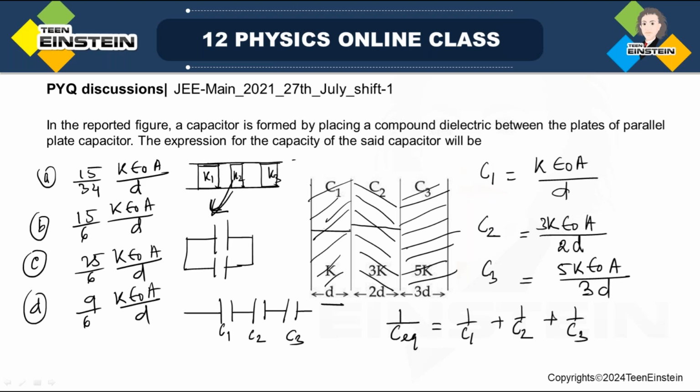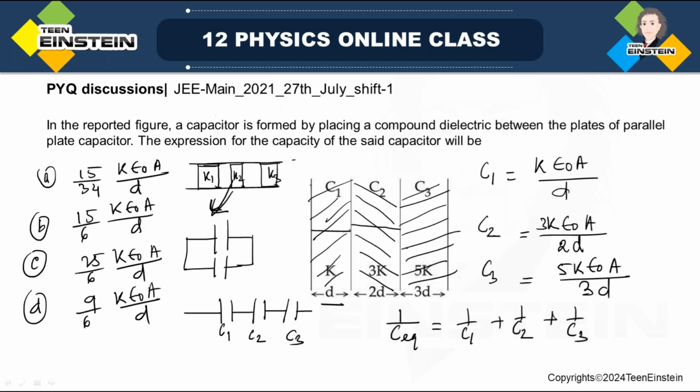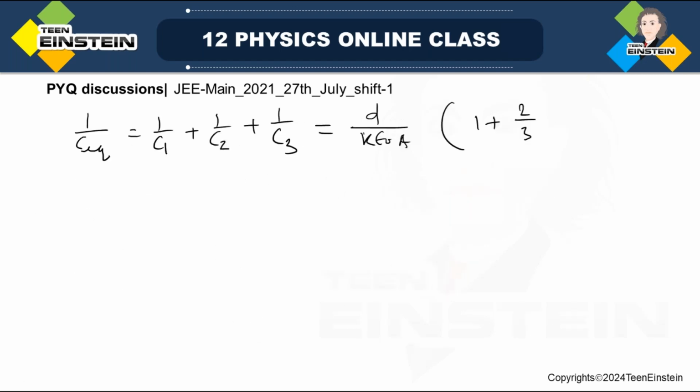So 3 by 5, the last one, and I have to add 2 by 3 and 1. There will be a little change here. This is D by K epsilon naught A. This is common. Now this is plus 1, and then it is 2 by 3, then 3 by 5.